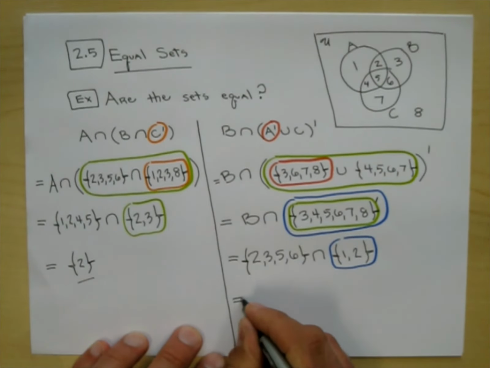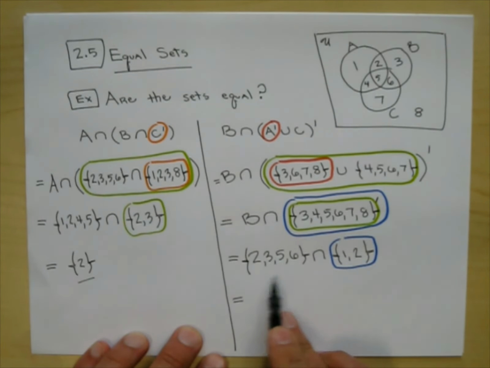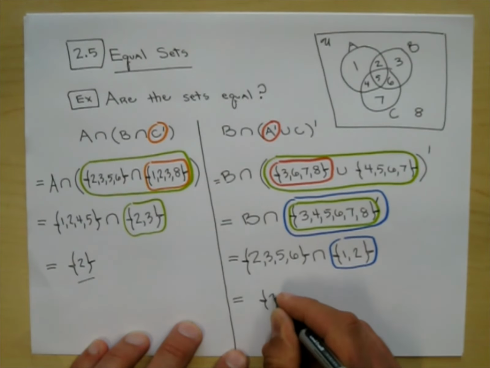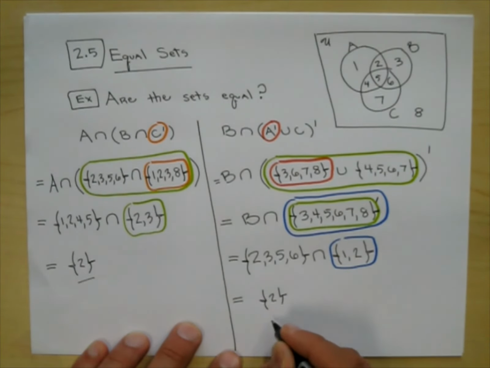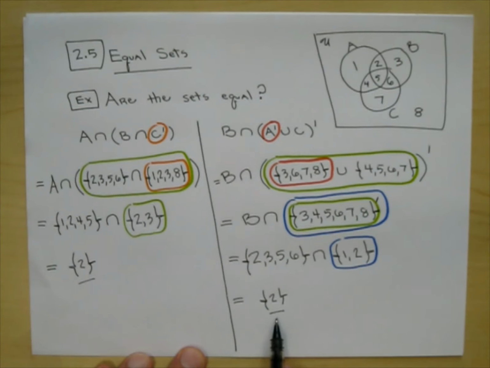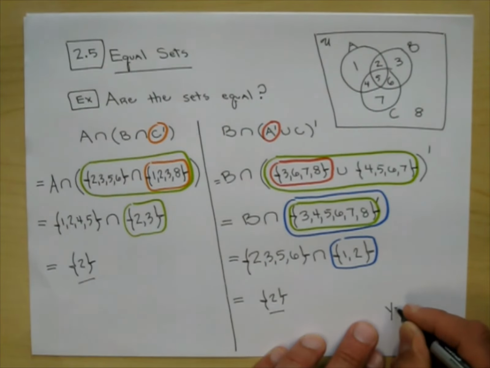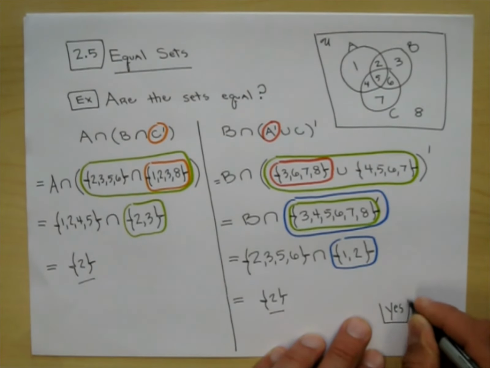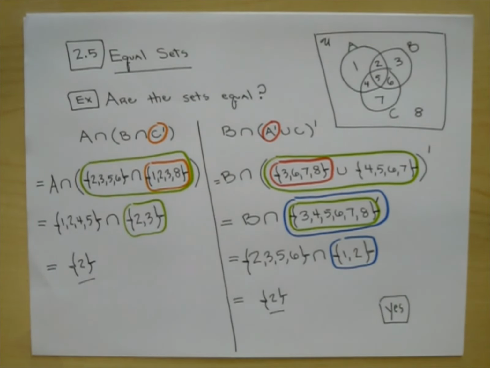The intersection is common elements, and there's only one common element, and it is 2. And look, it's exactly the same set. If we had got 1, 2 for our answer, then the answer would have been no. But because it's exactly the same set, the answer is yes. And so that's how you do your problems in 2.5.